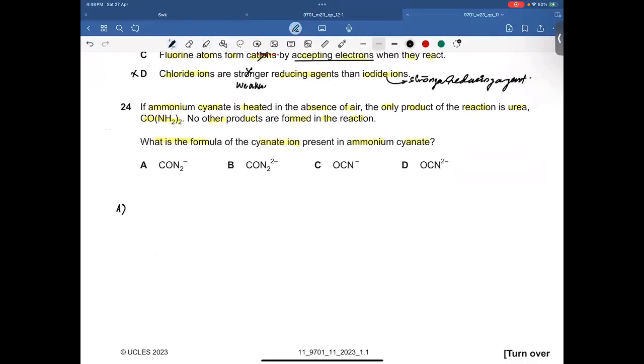First of all, let's apply NH4 plus and CON2 minus. If you cross multiply these values, you will get one ammonium ion and one CON2 ion. So how many nitrogens do we have? 2. How many hydrogens? 4. One carbon and one oxygen, right?